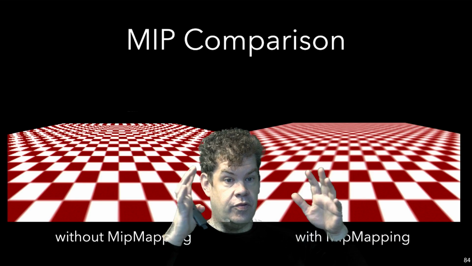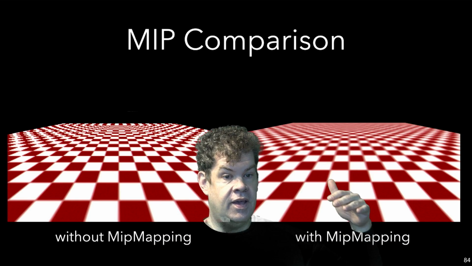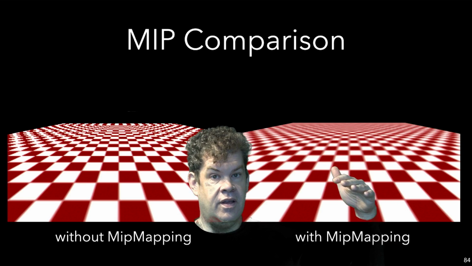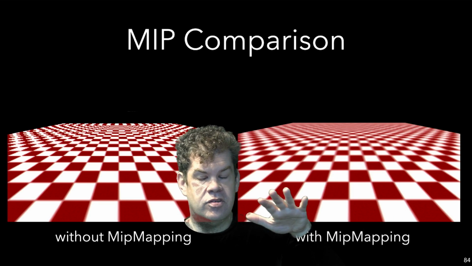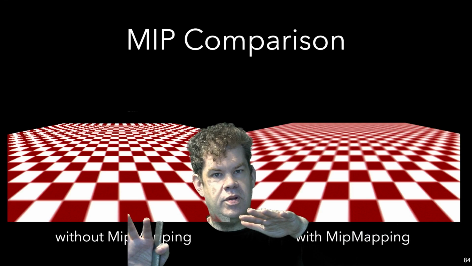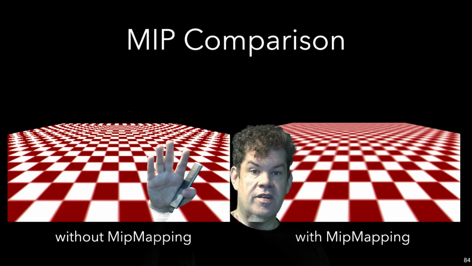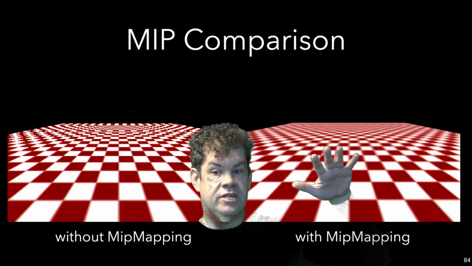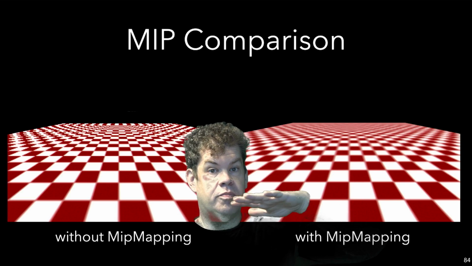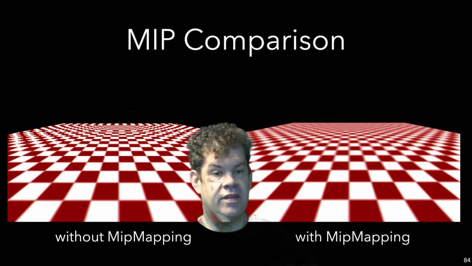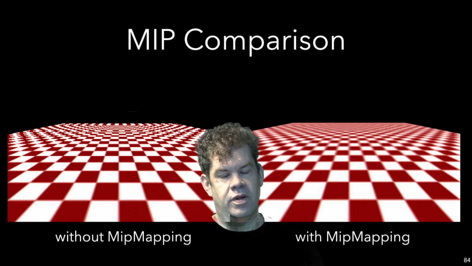You use smaller and smaller versions, but you don't get these artifacts. And in particular, if I would animate that, I should probably add a little bit of a camera animation to my slides. You'll see that this here would flicker, whereas this here stays still. I mean, it's washed out, but it stays constant.